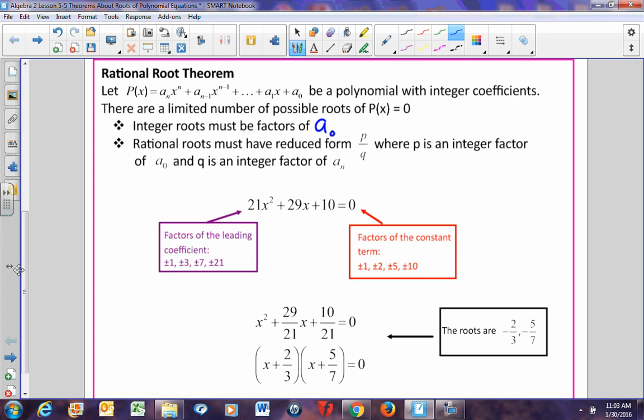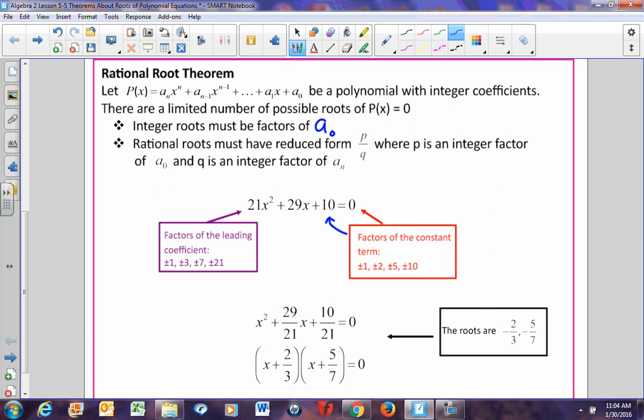If I have the equation 21x squared plus 29x plus 10 equals 0, the factors of the constant term are plus and minus 1, plus and minus 2, plus and minus 5, and plus and minus 10. And the factors of the leading coefficient are plus and minus 1, plus and minus 3, plus and minus 7, and plus and minus 21.